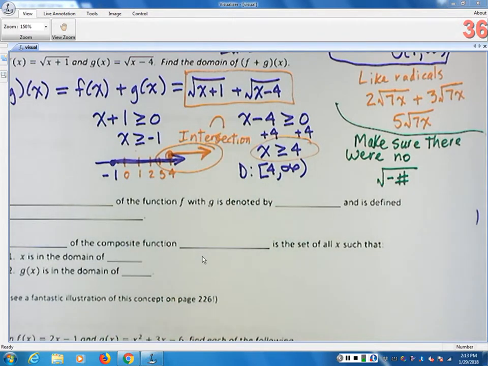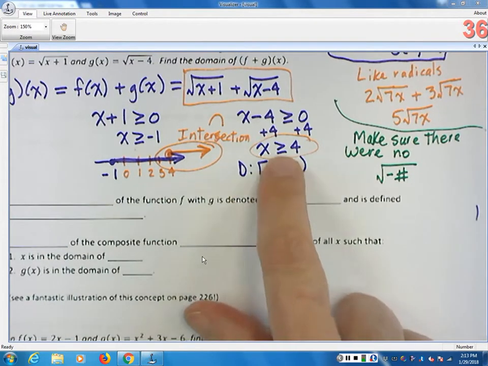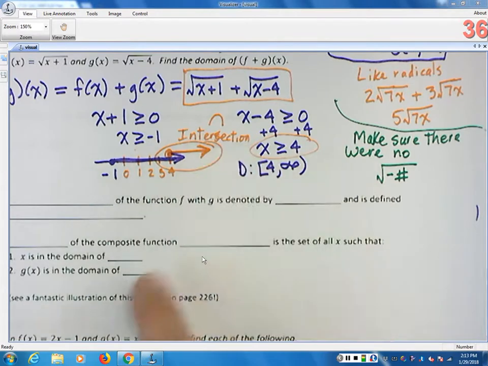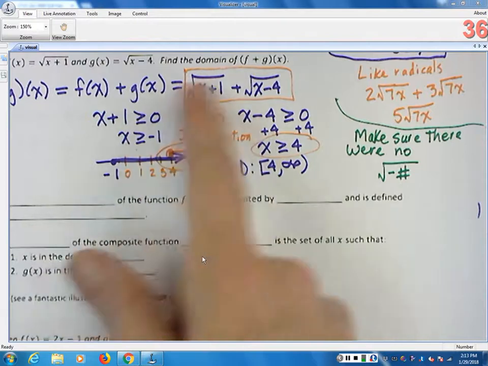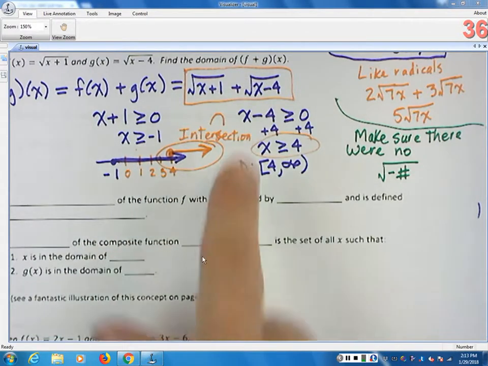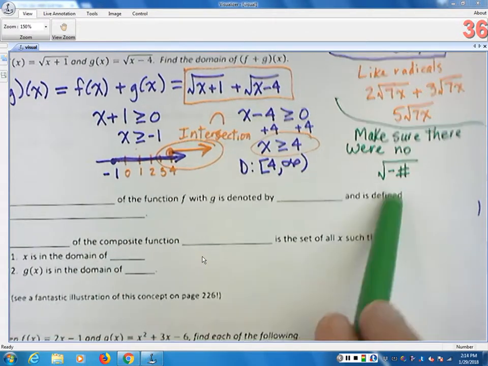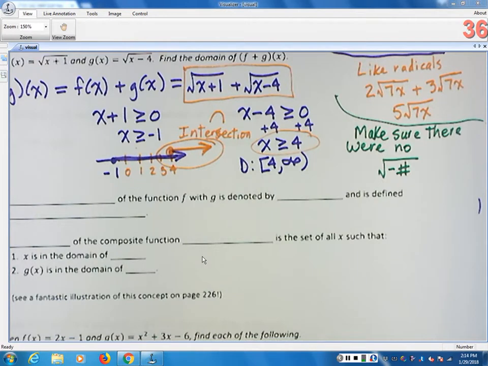You're taking the square root of -1. Use 3.5, you're taking the square root of -1/2. So you had to use 4. If you can't remember that it's an intersection, you have to try the numbers. Just try the numbers in each square root sign and make sure you don't get any square roots of negative numbers. All right, that's combining functions and some finding domains with square roots and fractions.